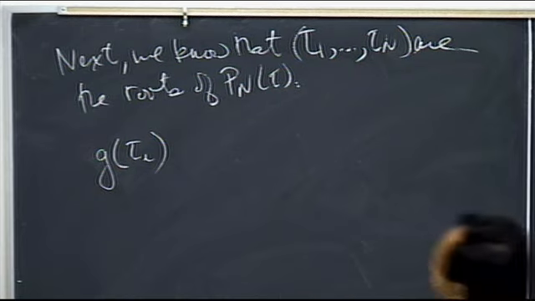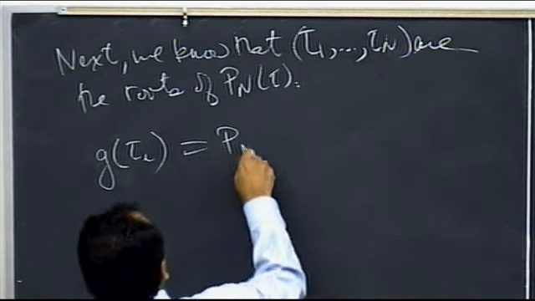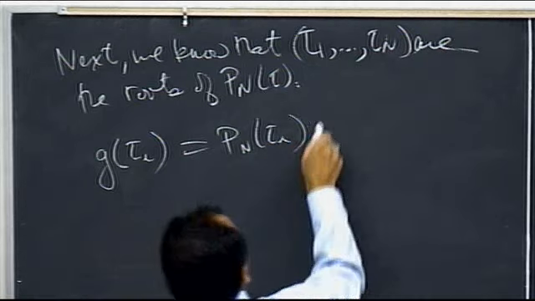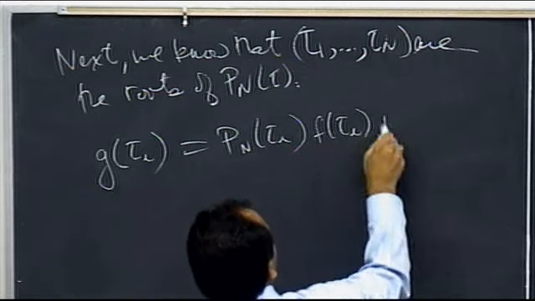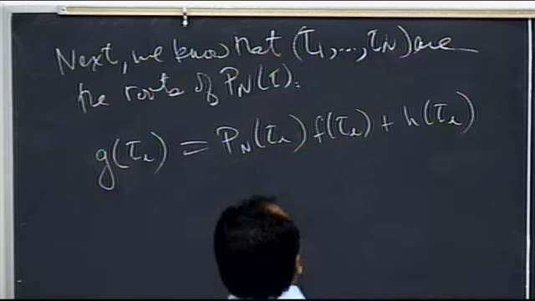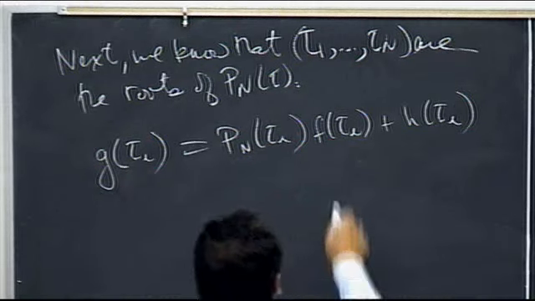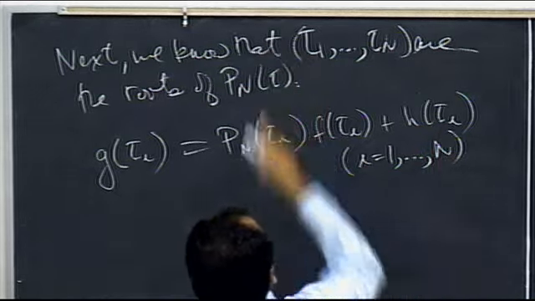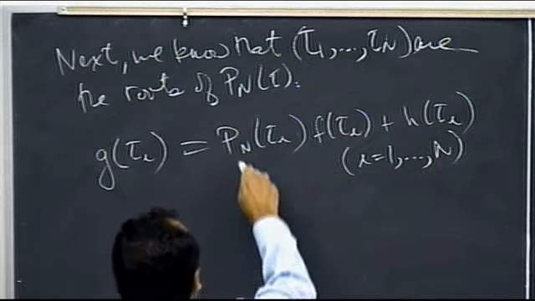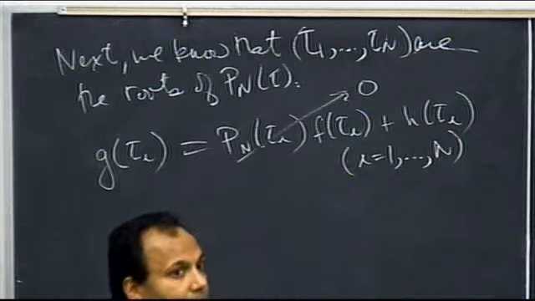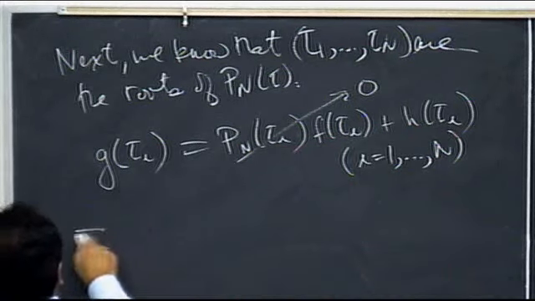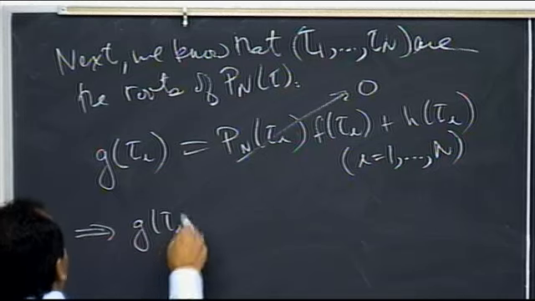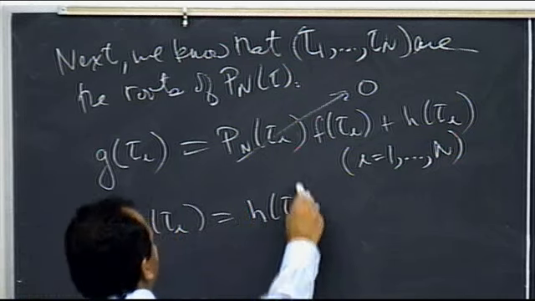I get Pn of tau I times f of tau I plus h of tau I. But tau I go from 1 up to n, and they're the roots of Pn of tau, so this term here is 0, right? Which means that g of tau I has to equal whatever the remainder is at tau I, right?